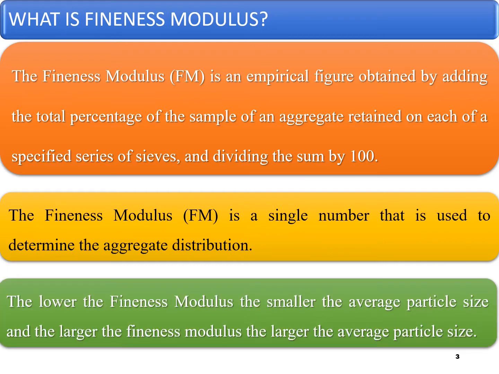The lower the fineness modulus, the smaller the average particle size, and the larger the fineness modulus, the larger the average particle size. This is the indication of the FM value of aggregates in particular, and it can equally identify this for fine aggregates also.